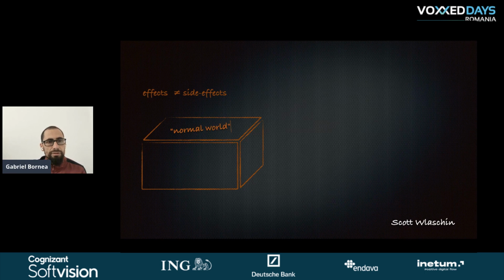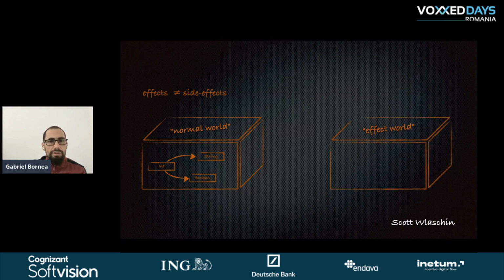And now, if we think about our day-to-day applications, we have the normal world. In this normal world, we have things like ints, strings, booleans, and so on. And here we have functions that go from int to string, int to boolean, and so on. But we also have the effect world.